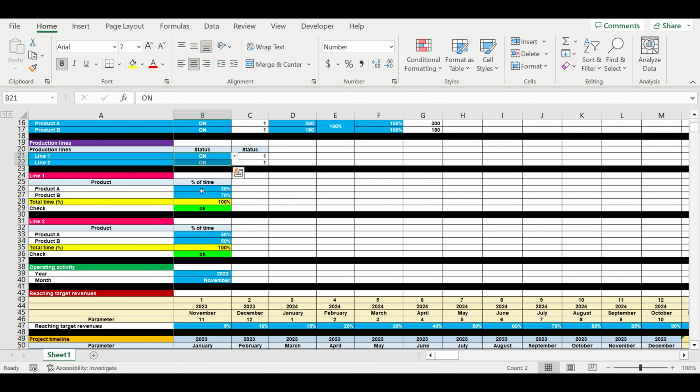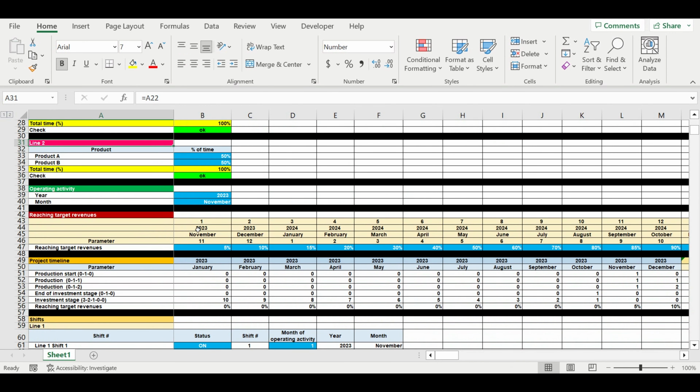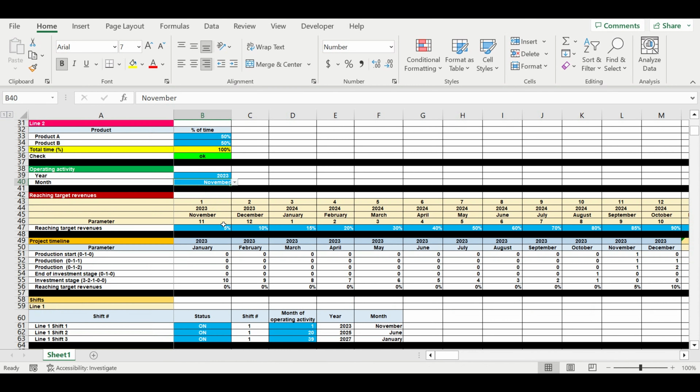We can set up the amount of time devoted to production of product A and product B for each line, line 1 and line 2. Then we focused on setting up when we start the operating activity, when the first revenue comes. Then we were modeling the block of inputs where we will be able to set up the process of reaching the target revenues.